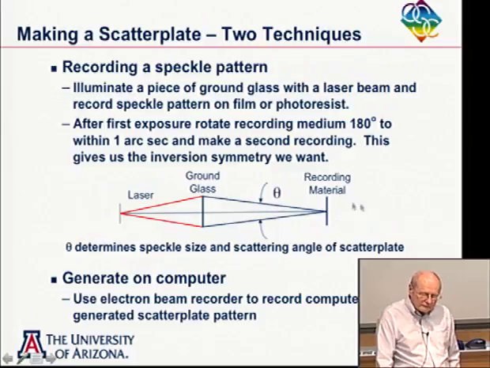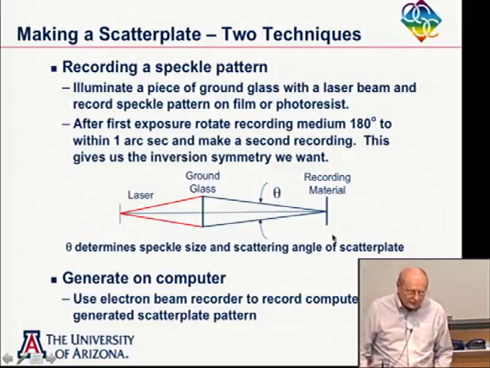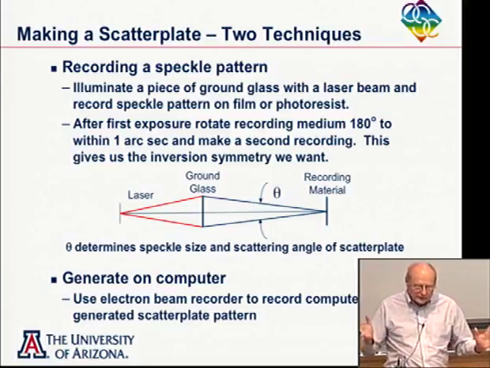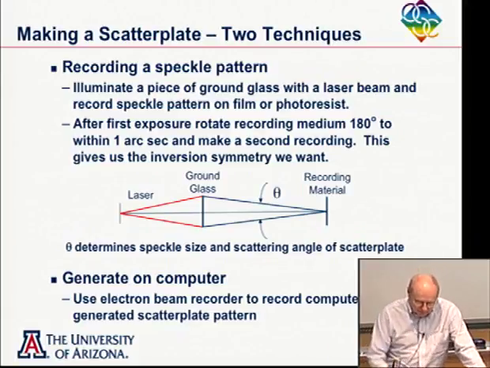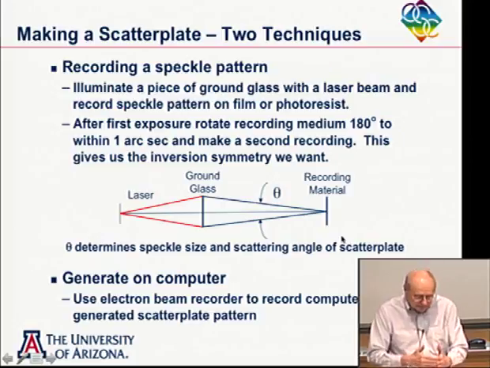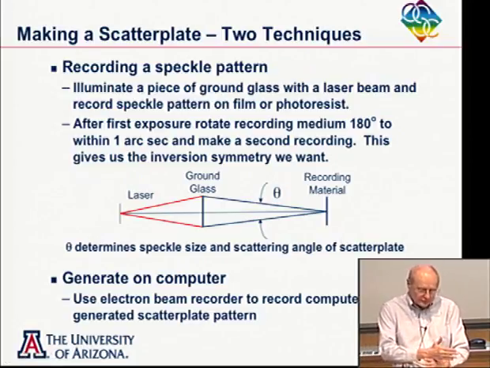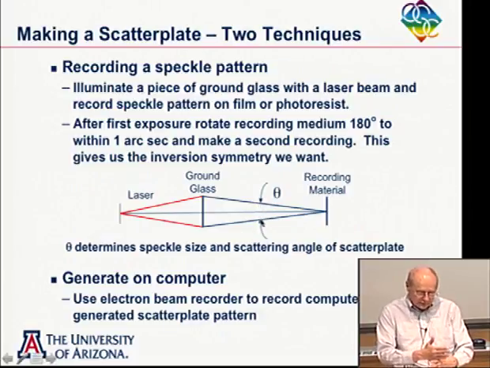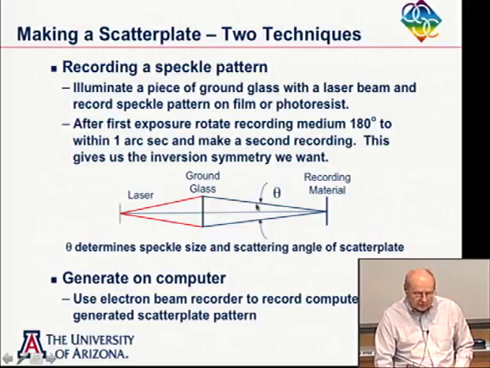Now when I take this material and process it and later illuminate it with a beam of light, the light that will be scattered out, well, this is sort of like a diffraction grating. If that's the maximum angle between the 2 interfering beams, and I later illuminate this plate with a beam of light, the angle between the 0 order and the 1st order will be about the same as this. And the angle between the 0 and the -1st will be about the same as this.